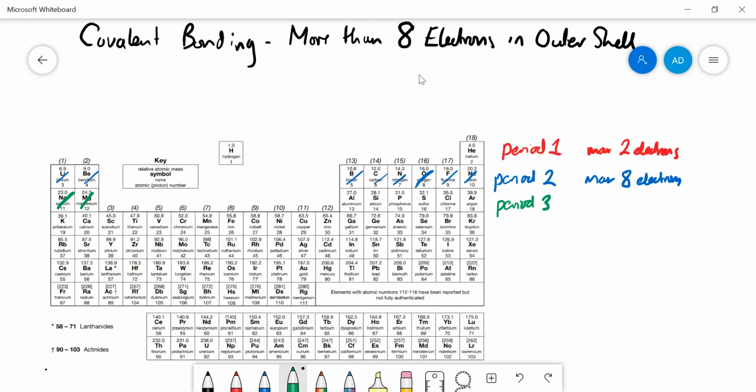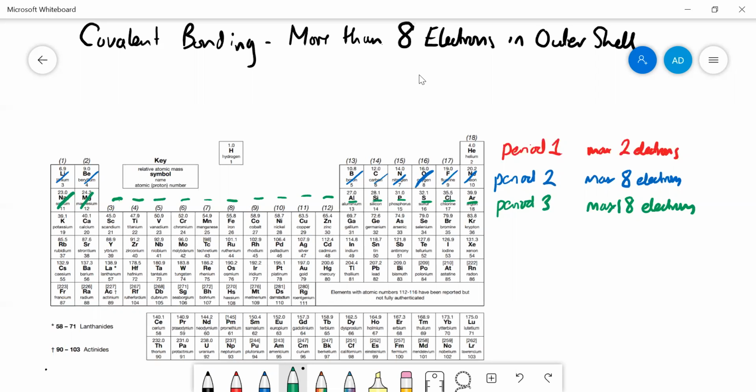So there's room for 1, 2, 3, 4, 5, 6, 7, 8, 9, 10, 11, 12, 13, 14, 15, 16, 17, 18, because we're talking about shell 3. So there's room for, not 8, sorry, 18 electrons there.